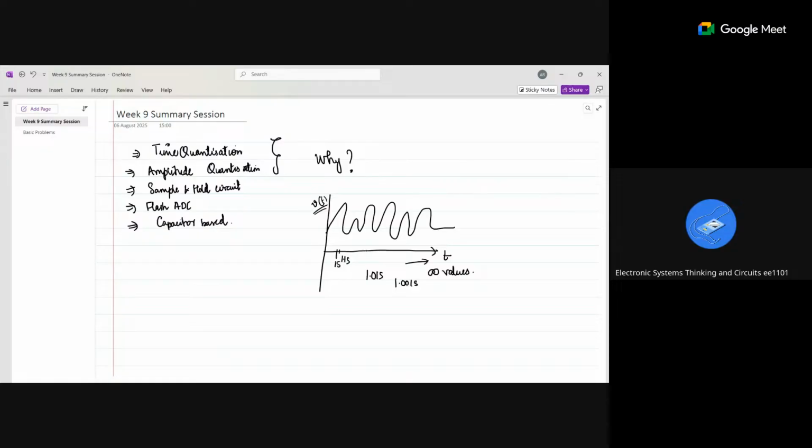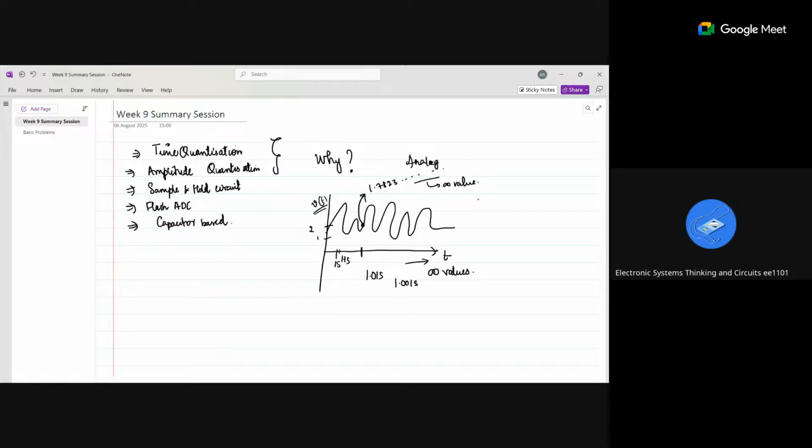In the same way, in the range of 1 to 2, a value can be 1.7823 and it can go on. So analog signals in nature are infinite, in the x-axis and in the y-axis also.